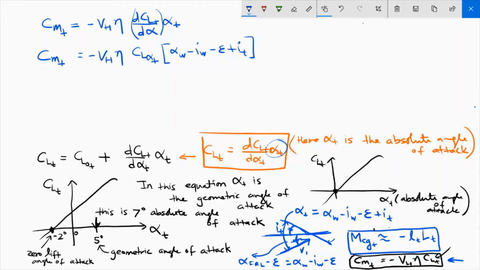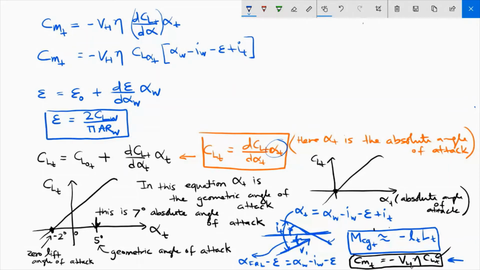Okay, so we can model this downwash as some constant value plus the rate of change of downwash with respect to the angle of attack seen by the wing times the angle of attack seen by the wing.